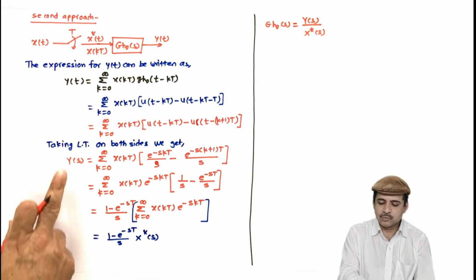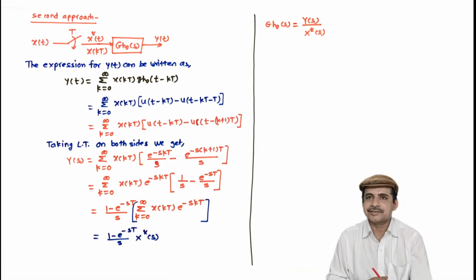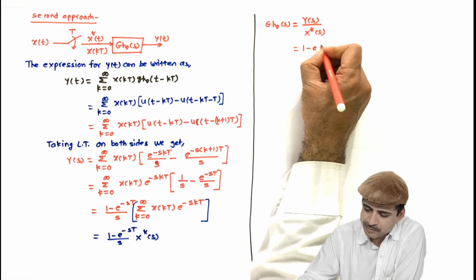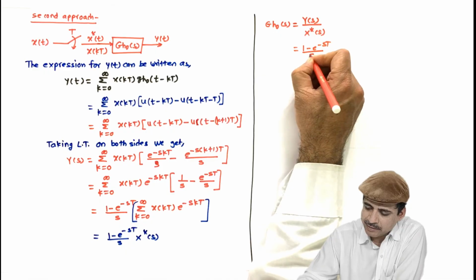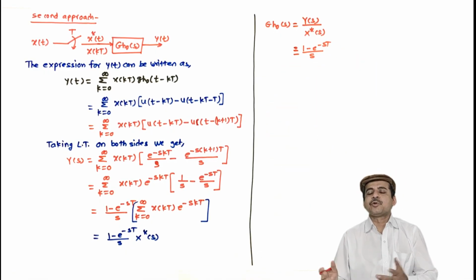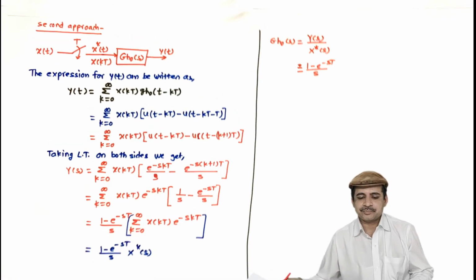Now what I have got: Y of s is equal to (1 minus e raised to minus st) by s into x star s, which is equal to (1 minus e raised to minus st) by s. So it is proved. By one more approach we will do the same.